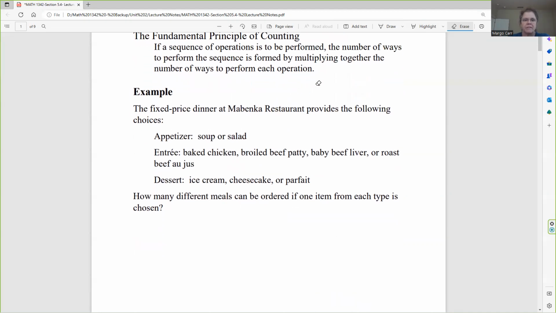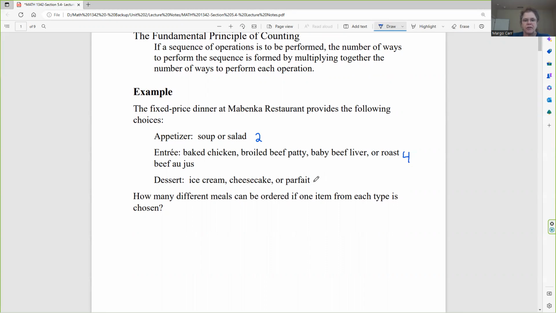So for example, we have this fixed price dinner at a fancy restaurant, provides the following choices. So we have a super salad, that's 2 choices. We have baked chicken, broiled beef patty, baby beef liver, or roast beef au jus. So that's 4 options.